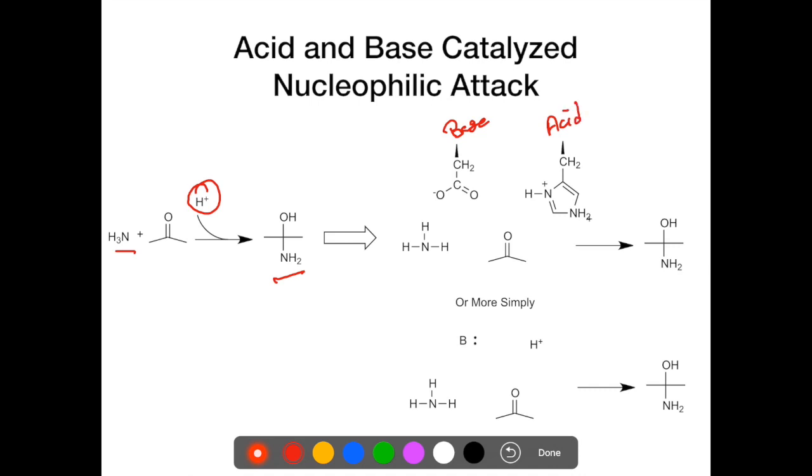Okay, and so the first part of my mechanism, this base right here, this negative charge can go and accept one of the hydrogens, leaving a pair of electrons free to attack.